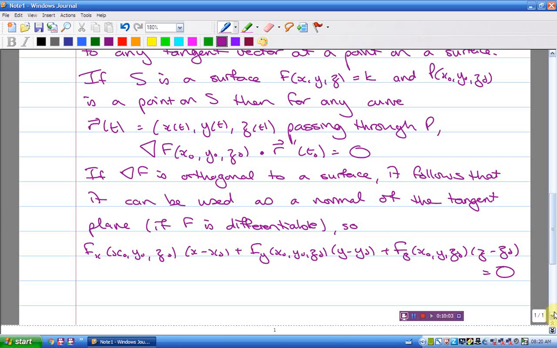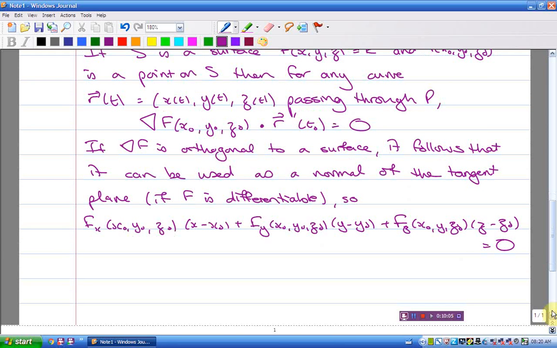Now sometimes in your surface equations it's quite tricky to make z the subject, but usually in our typical surfaces it's quite easy.